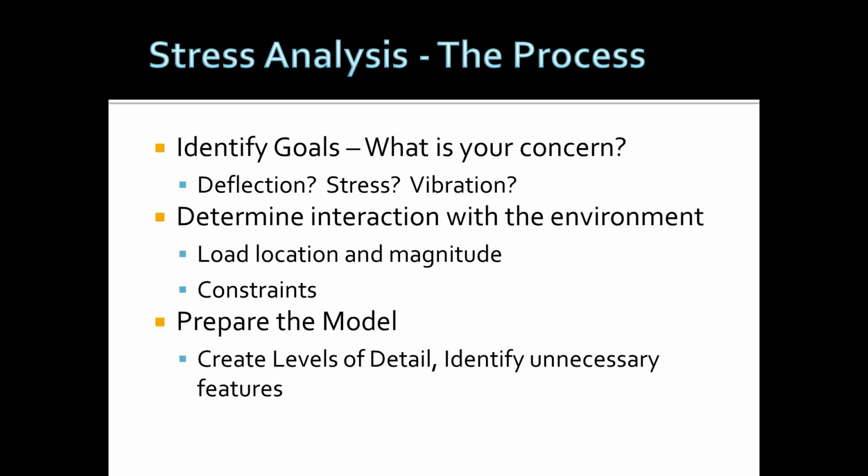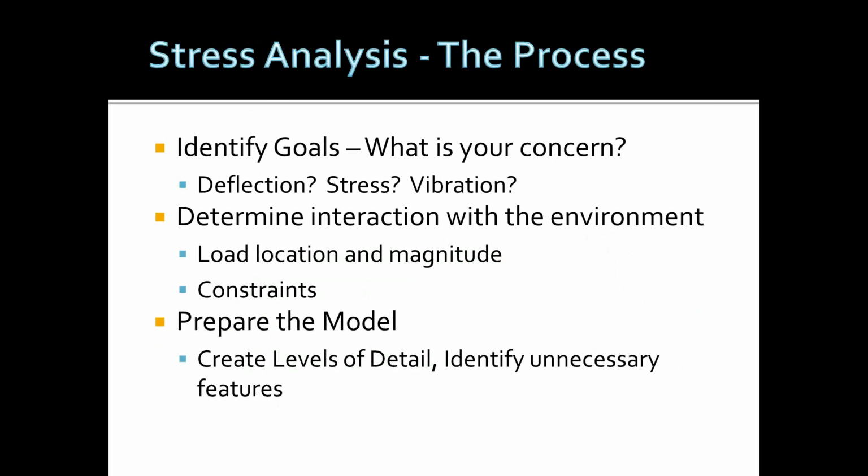You also want to make sure your model is ready for analysis. And when I say that, I don't mean that you've modeled everything under the sun related to it and you're ready to just throw it in there, throw a load, fix it down, and go. What I'm referring to is there's a lot of things on a piece part, for example, that may add computational time but have no effect on the end results.